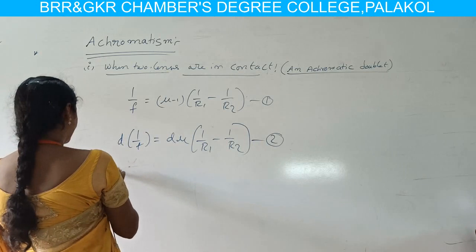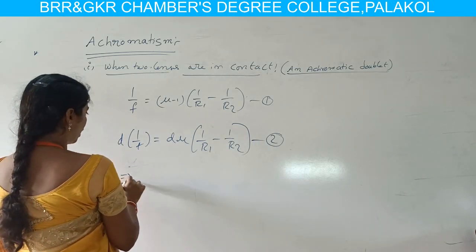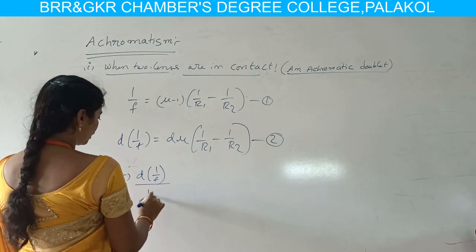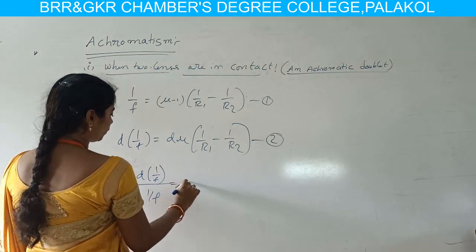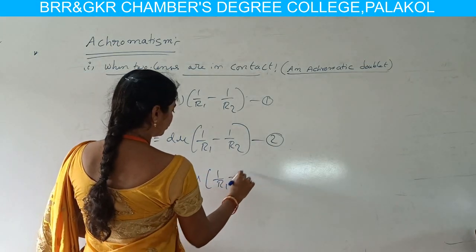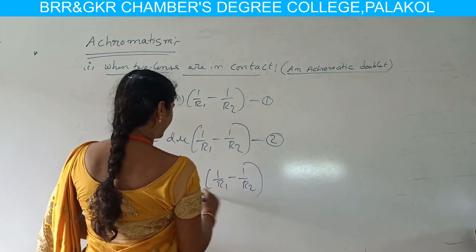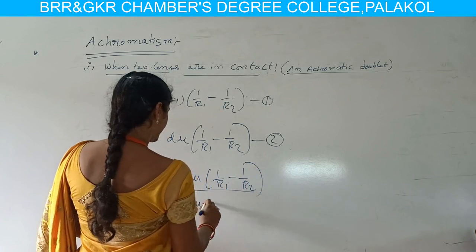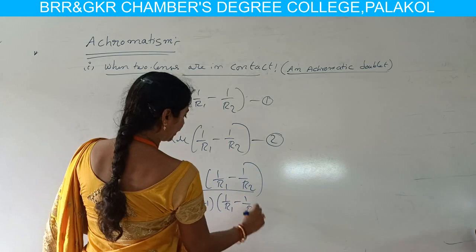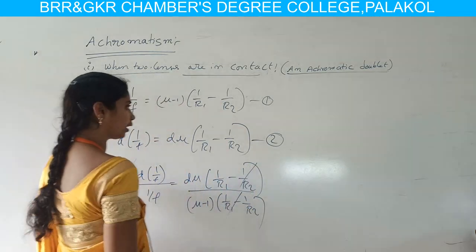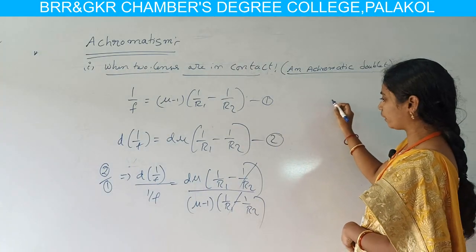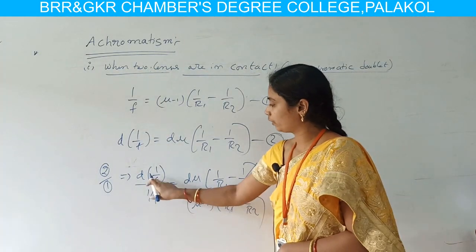Then dividing equation 2 by equation 1, we have d into 1 by f divided by 1 by f equal to d mu into 1 by r1 minus 1 by r2 divided by mu minus 1 into 1 by r1 minus 1 by r2. Cancelling 1 by r1 minus 1 by r2 we have the equation.